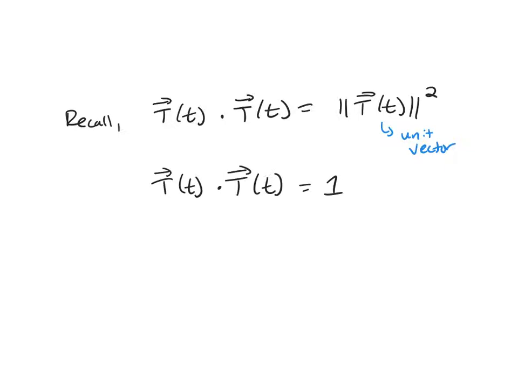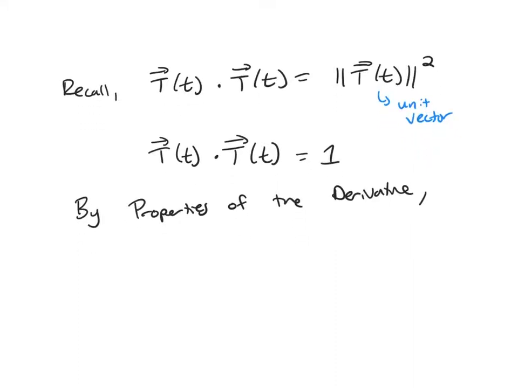And then if you refer back to the derivatives video, I listed some properties of the derivative. Because this dot product is a constant, I know that T dotted with the derivative of T would be 0.